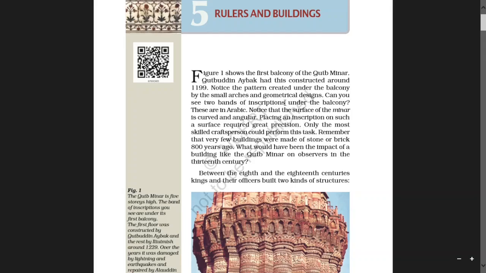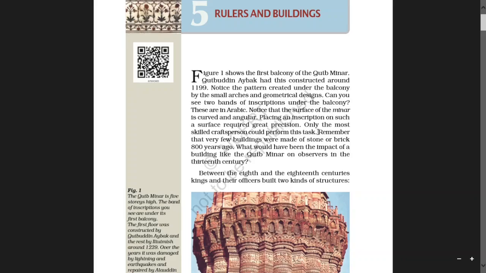An inscription means a thing inscribed, as on a monument. So on such a surface it required great precision. Precision means great quality or exactness. Only the most skilled craftsperson could perform this task.